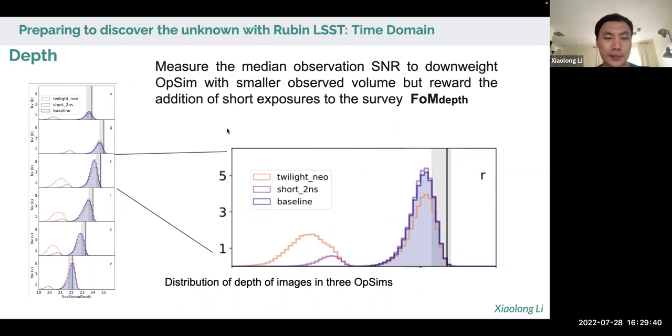And our metric for the depth is the median of the signal to noise ratio, to downweight the opsims with smaller observed volume, but reward the addition of short exposures to the survey.